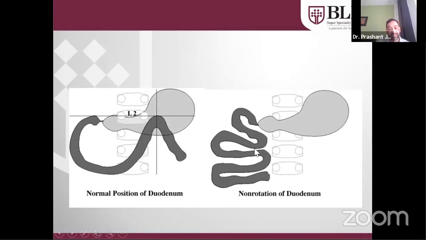But in cases of non-rotation or malrotation, the DJ junction will come to lie not on the left side, but on the right side of the spine. So this is the midline of the spine. This is the L2 vertebra. The DJ junction is lying on the right side, which is suggestive of malrotation.